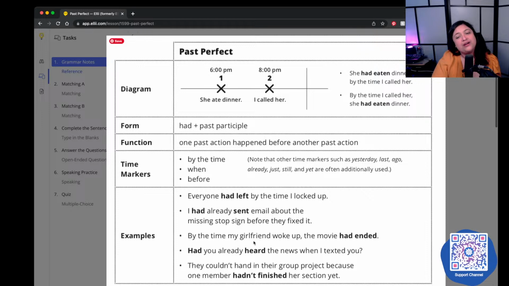By the time my girlfriend woke up, the movie had ended. Had you already heard the news when I texted you? They couldn't hand in their group project because one member hadn't finished her section yet.